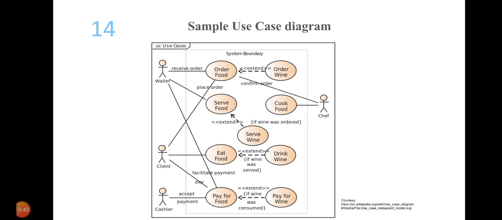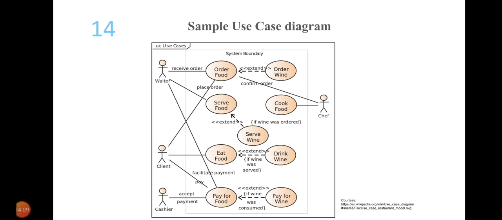So all these use cases basically will be representing the different types of functionality that the users will be able to do within this food ordering system. Or let us say that in a restaurant, how can the different users work in collaboration with each other along with the various use cases.